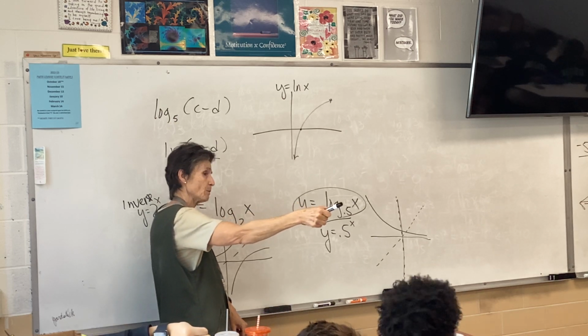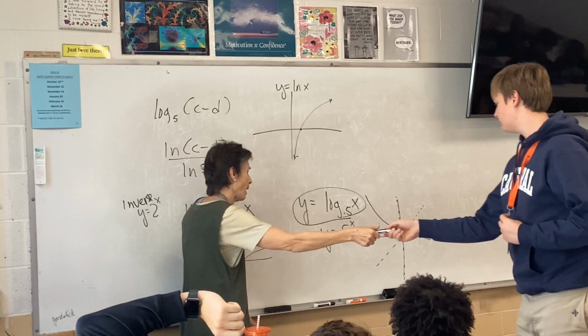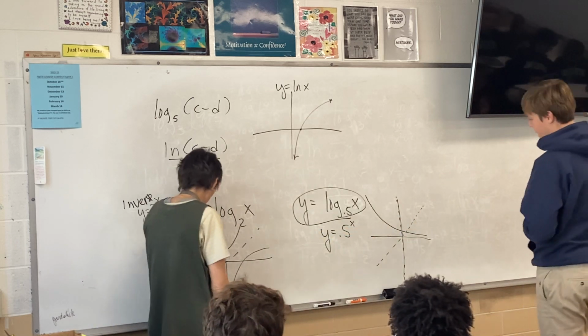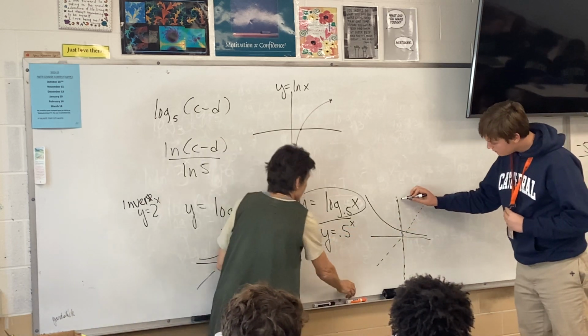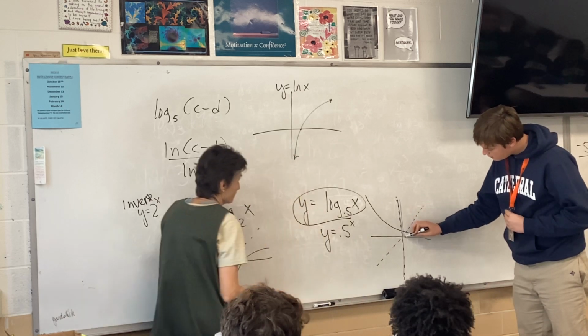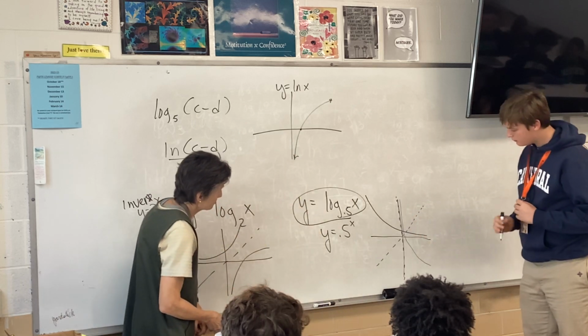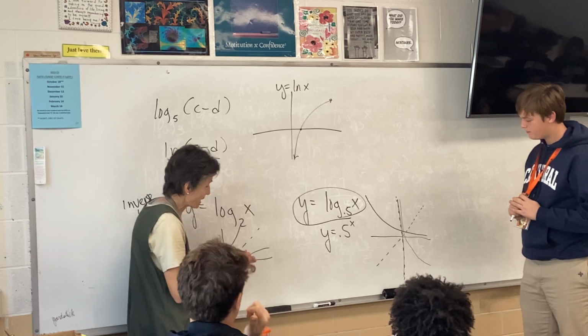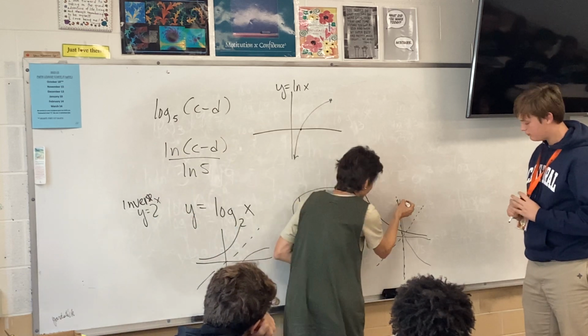If you're struggling with what it might look like, could we plot points? Could we do that? Let's see, go ahead, he's going to sketch it in. So there's his idea. I'm going to put that in orange so we can see.